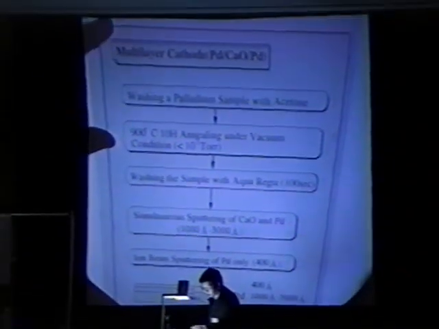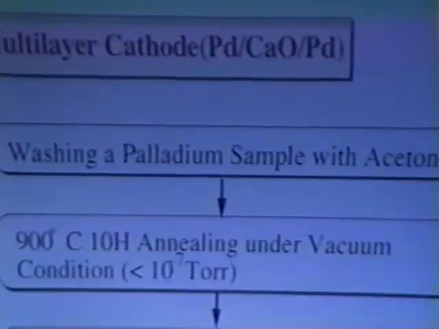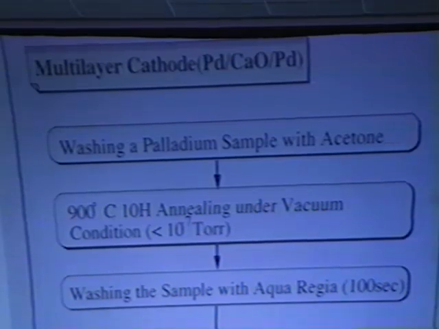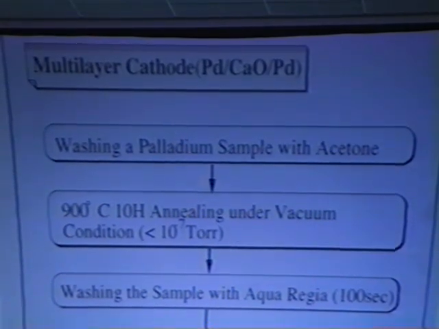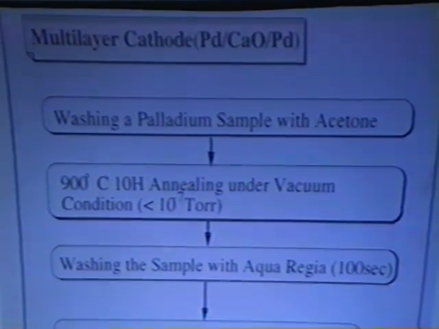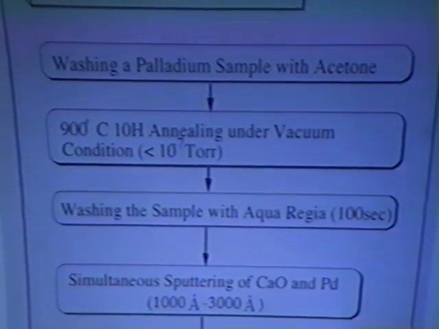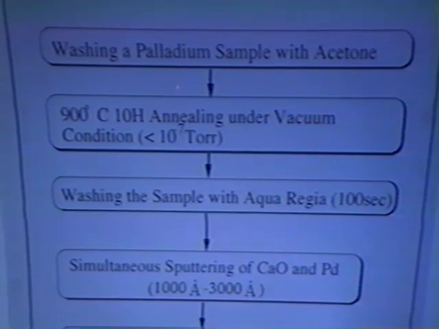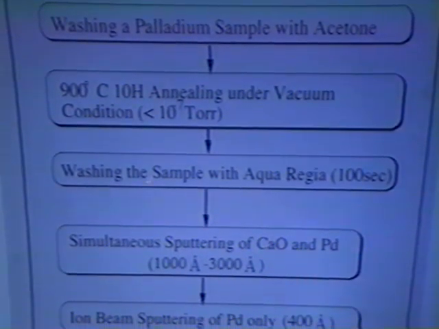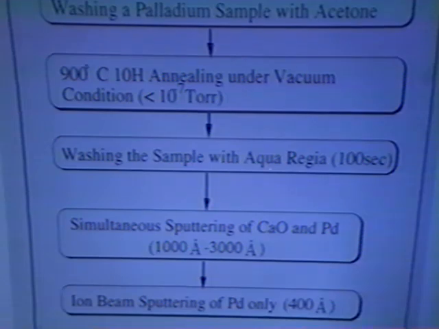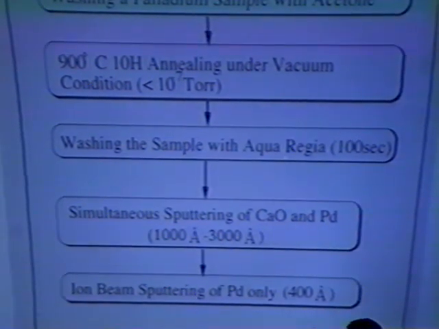Okay, let's move on to the next point. This figure shows the chart. This chart shows how to make a multi-layer cathode. We wash the palladium sample with acetone, anneal, and wash with the apparatus.